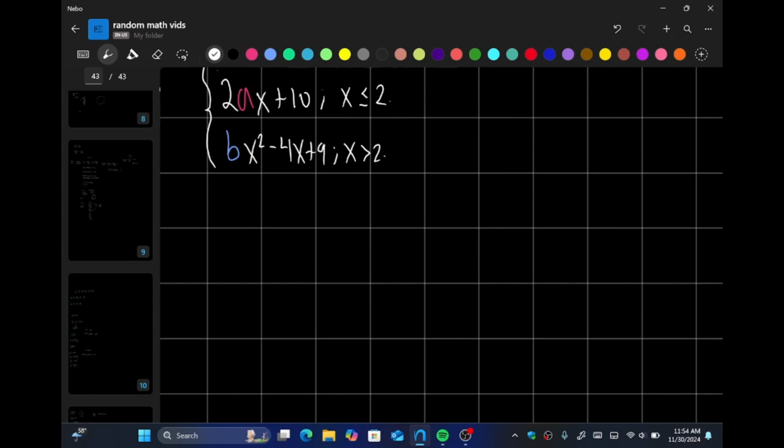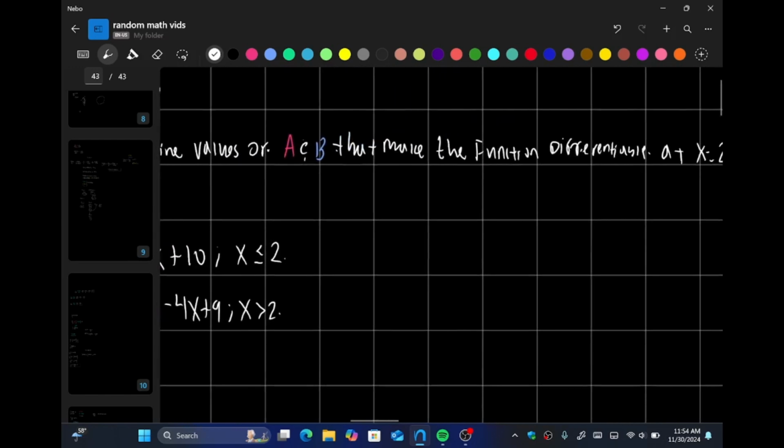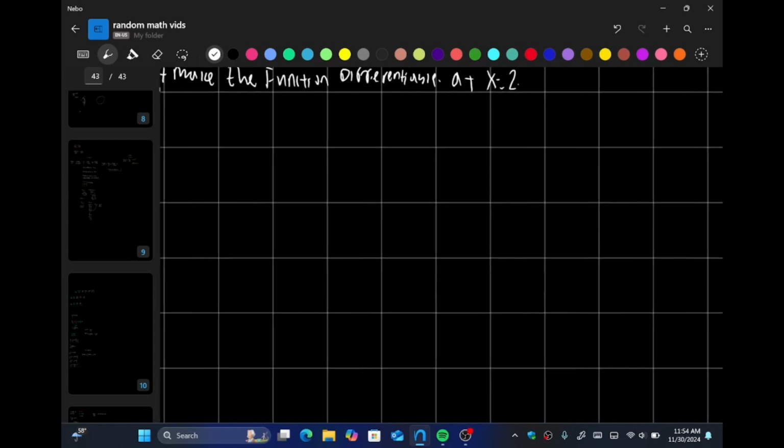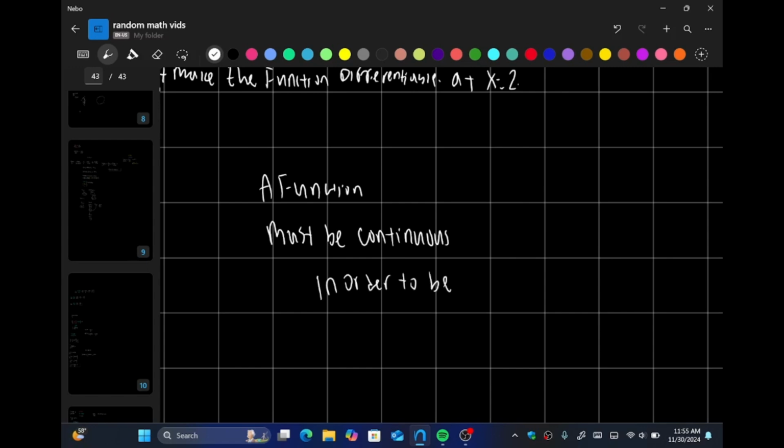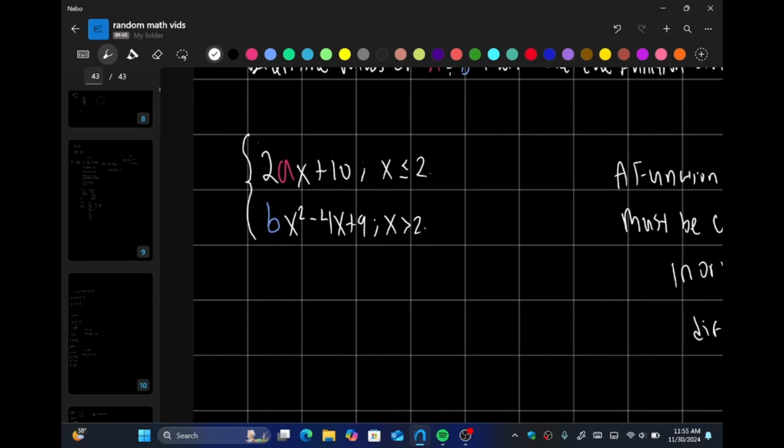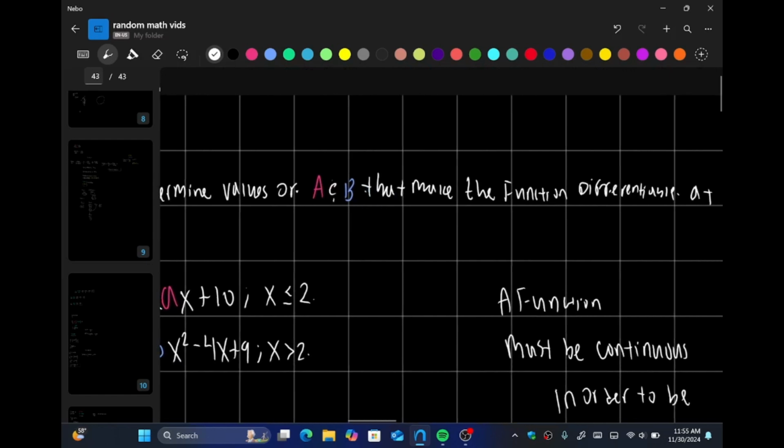And usually, in order for a function to be differentiable, a function must be continuous in order to be differentiable. Okay, so we must remember that, guys, because this looks like a piecewise function.